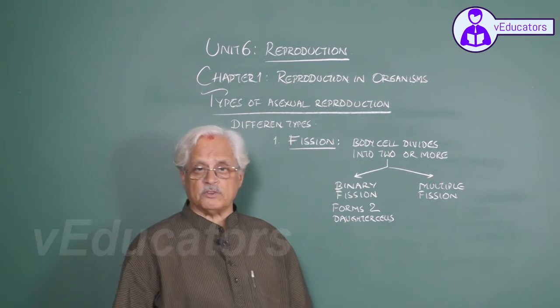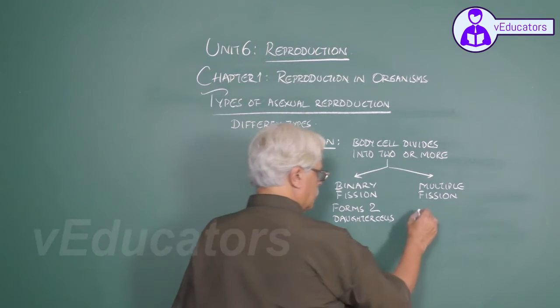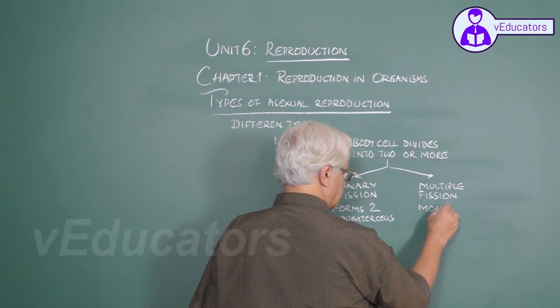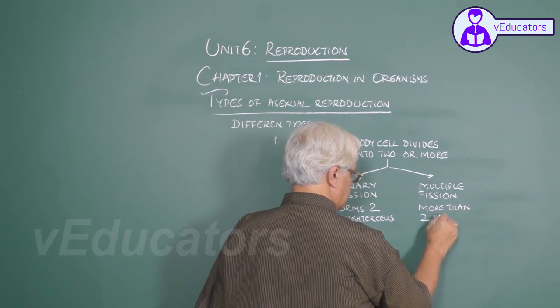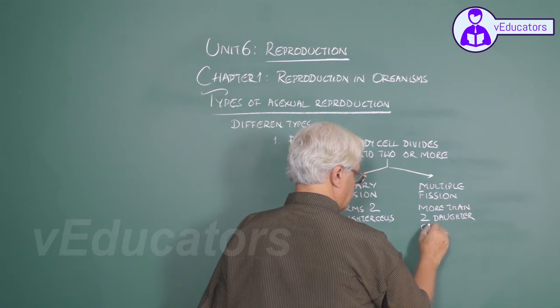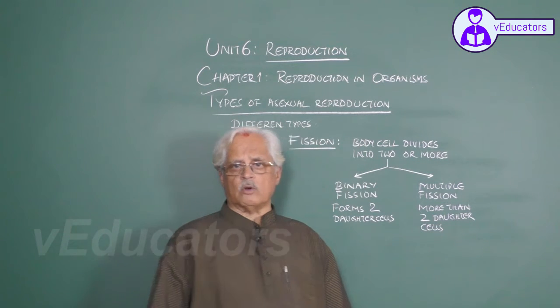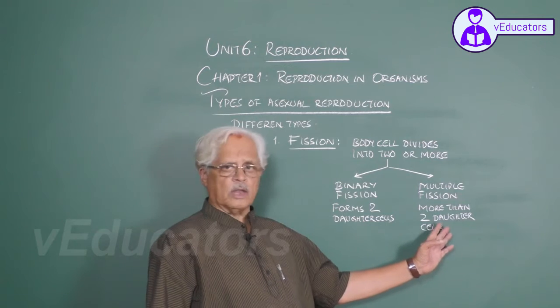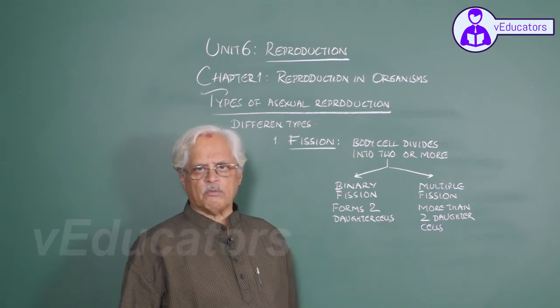When we say more than two daughter cells are formed, it can be any number. Hundreds of cells also can be formed.